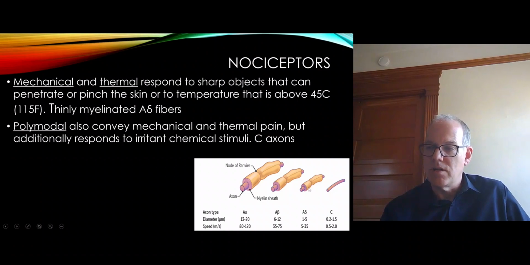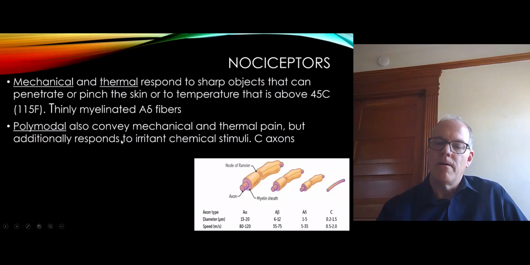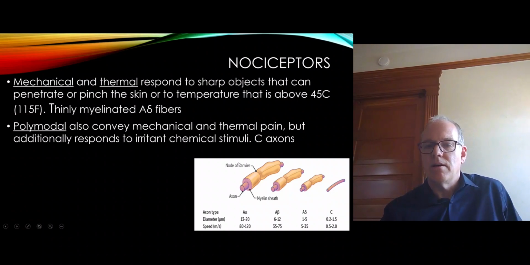A puncture injury, like stepping on a nail, would be mechanical. Or thermal, temperatures especially above 45 Celsius or 115 Fahrenheit, that kind of burn injury. So this would be conveyed by the A delta fibers.